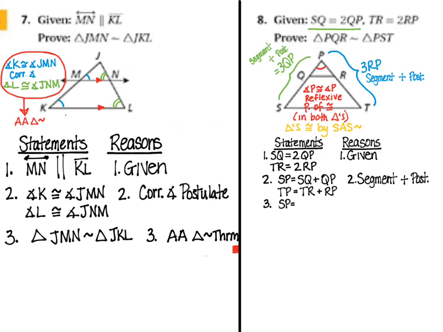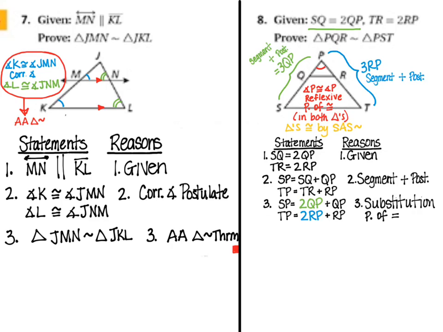And then I have the fact that, although I stated in line 2 that SP equals SQ plus QP, I have this substitution I can make. And instead of writing SQ, I'm going to write 2QP. Right? And then for the other equation, TP, I'm going to replace the TR with 2RP. And I have that one. And that's just substitution property of equality.